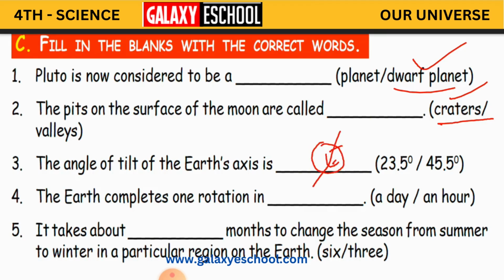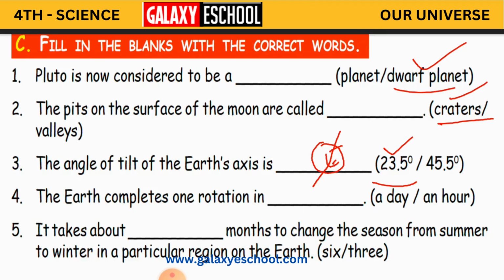So this imaginary line, which we call the earth's axis, its angle of tilt is what? Either 23.5 degrees or 45.5 degrees, and the answer is 23.5 degrees. Clear, children?